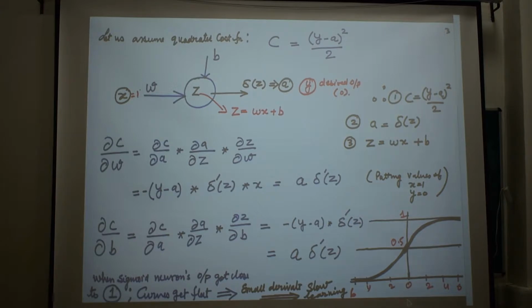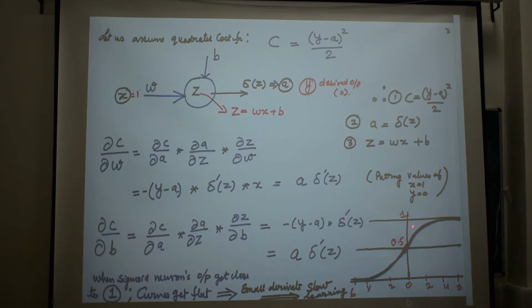Now what is the problem? The problem here is that your activation function's derivative is coming inside, so it depends upon your activation function. If your activation function's derivative saturates at some point, you understand? Suppose your function is saturating at some point, then your derivative during that period will actually be 0.